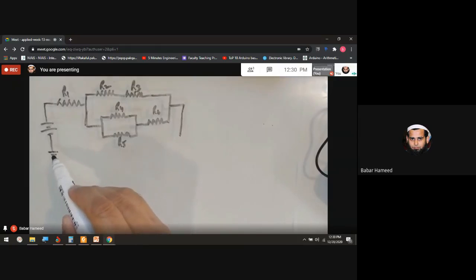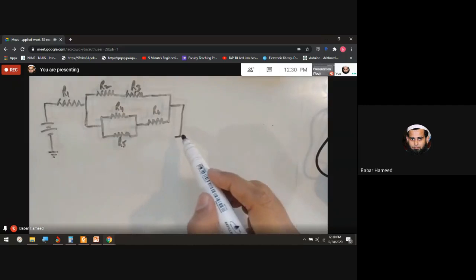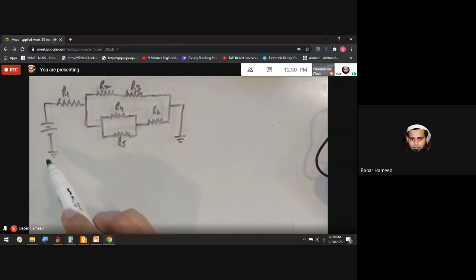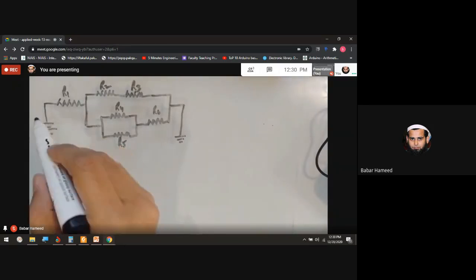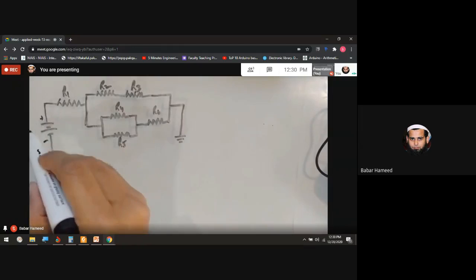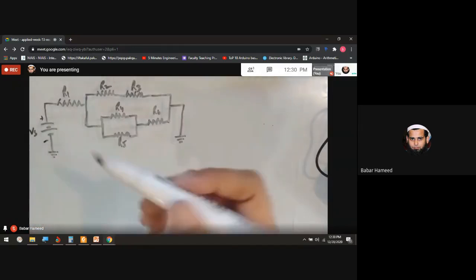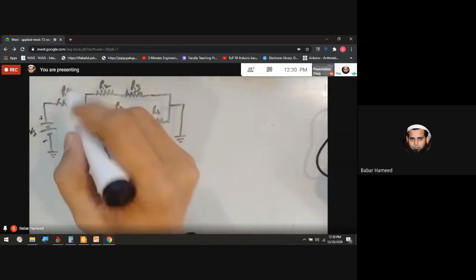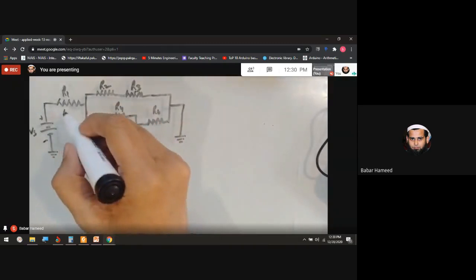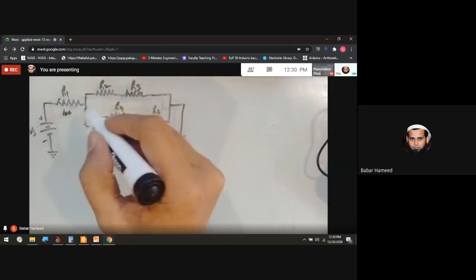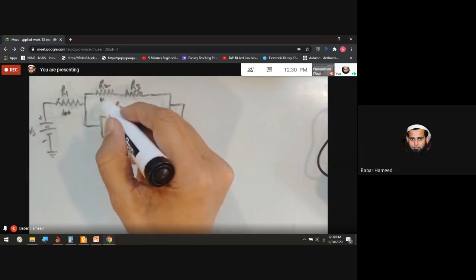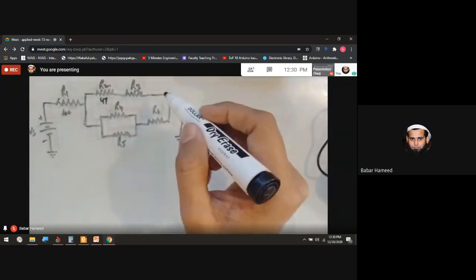And here we can use a reference ground. This means that they are both connected. So Vs of any value is connected here, and the important part is their values are all in ohms.